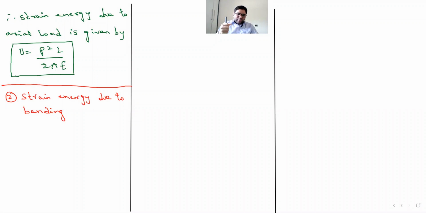And how much energy will be stored when it is bending is something that we are going to see now. Okay. So for that, let me try to sketch the beam with different sections together, and let us see how the energy will be calculated when it is subjected to different types of loadings.